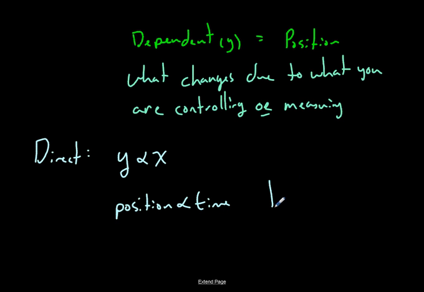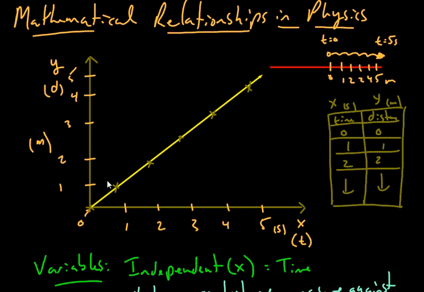So you will get, on a graph, a straight line if your relationship is direct, okay? This means that the dependent variable changes directly with changes in x. As time gets bigger, position gets bigger, okay? Direct, simple, straightforward. Let's go to a less straightforward example, okay?